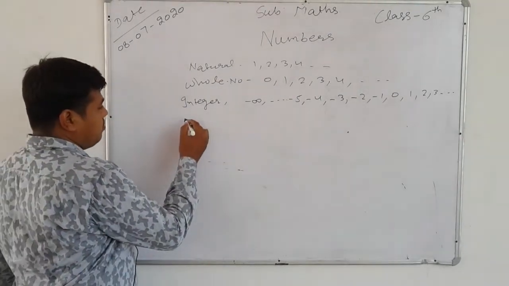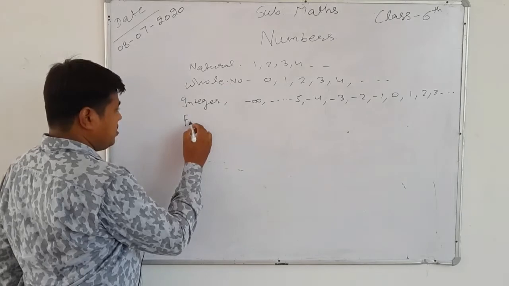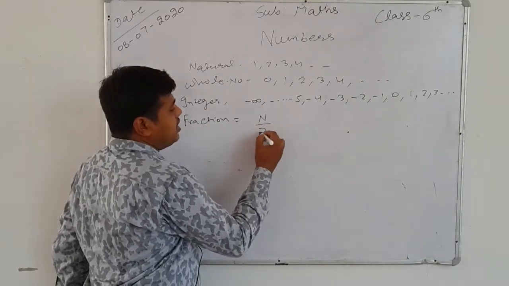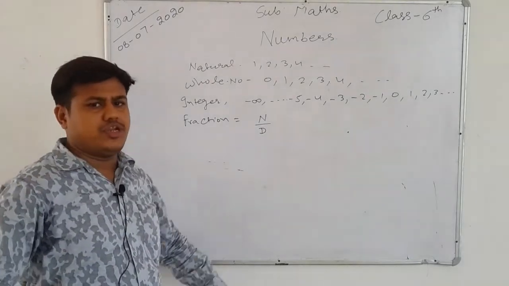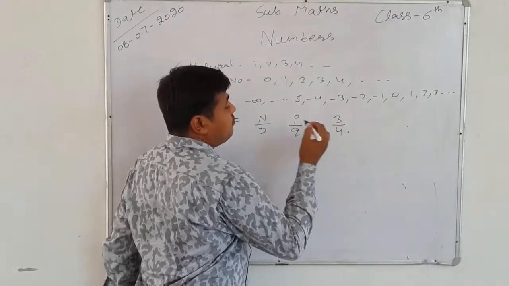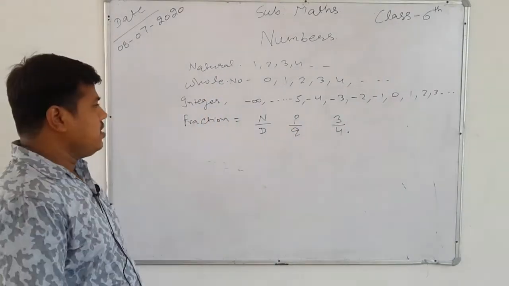After that, fractions. Fractions are numbers in numerator upon denominator form, like p upon q form. If we write 3 upon 4, it is a fraction.